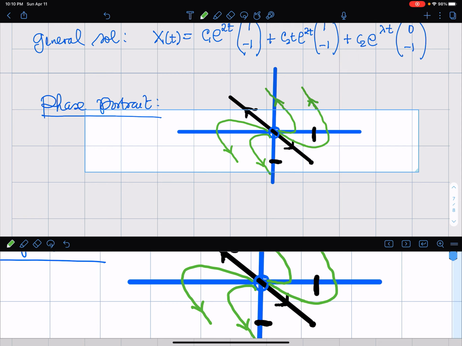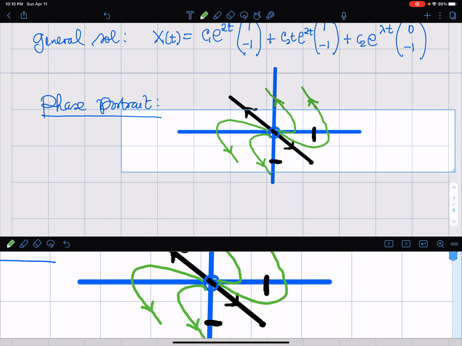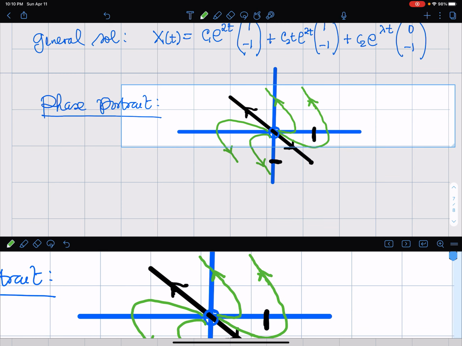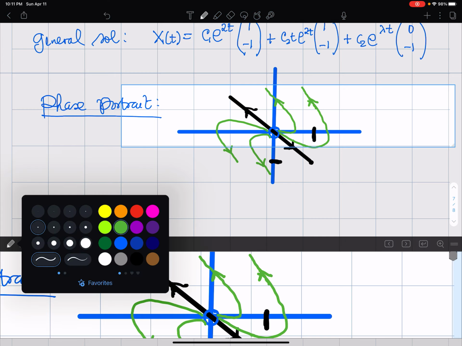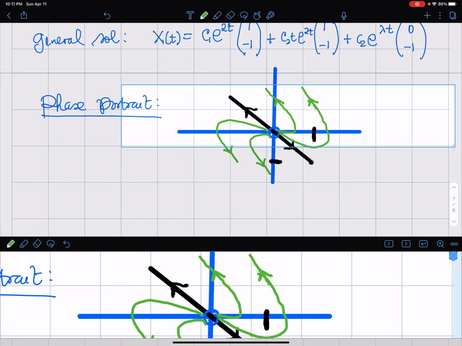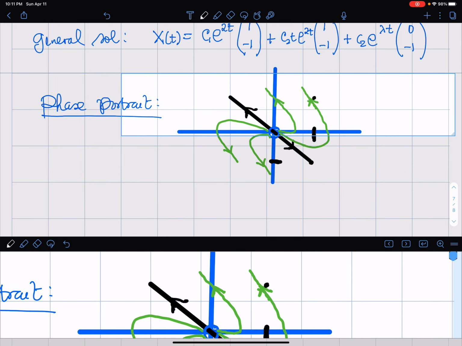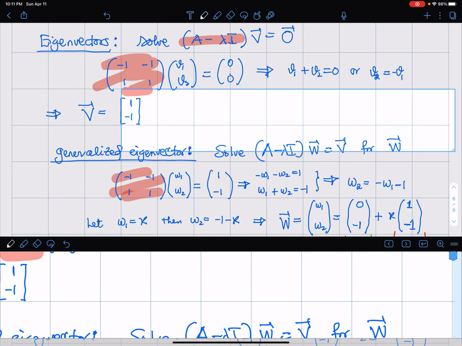All right. So you might be asking, why is it not the other way around? The quick answer to that is you can figure out which way it is by picking a point. Let's say you pick the point 1, 1. 1, 1 should be over there. And you want to plug 1, 1 into your equation.